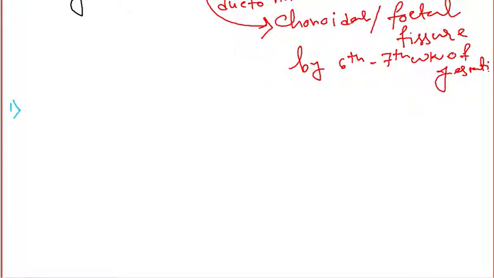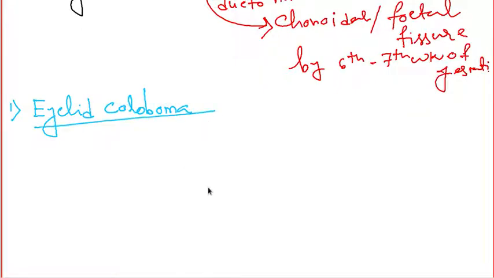The first type of coloboma is eyelid coloboma. So if we draw a diagram here, so nose, and this is the normal eyelid. If there is a coloboma, there will be a defect in the eyelid.